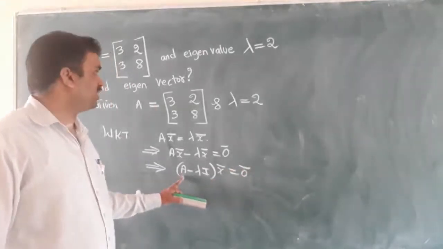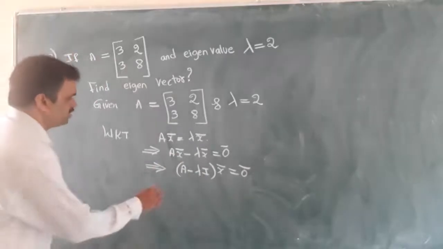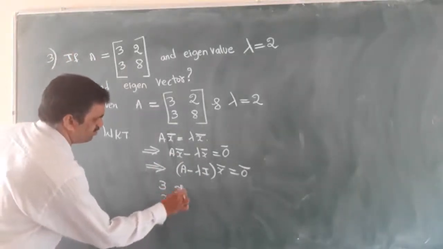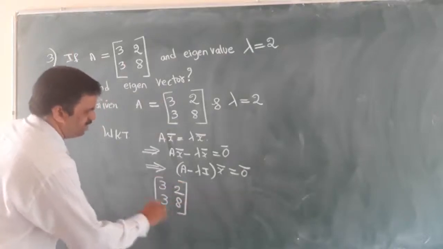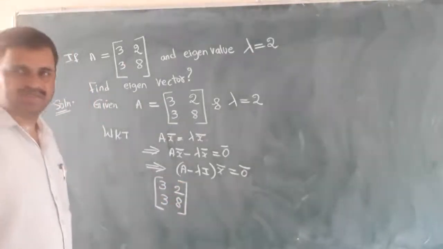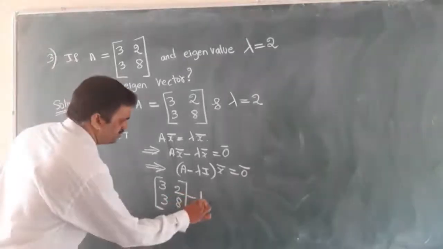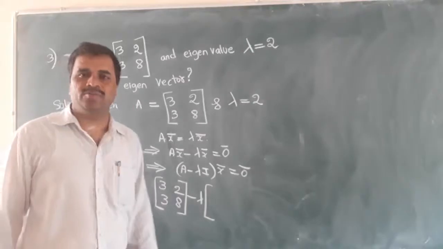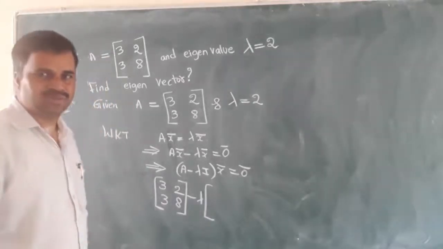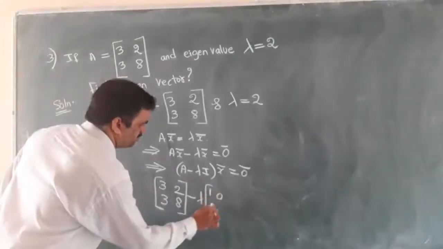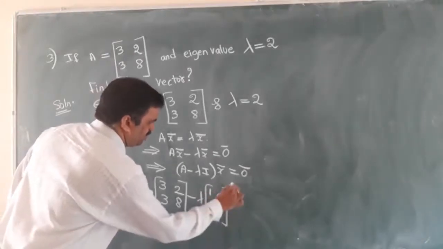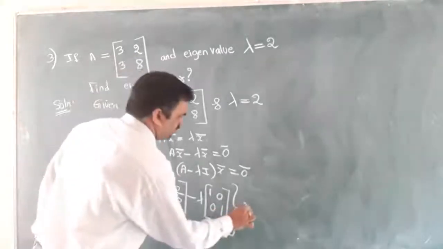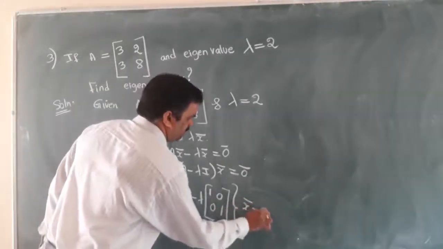A means matrix A: [3, 2; 3, 8], minus lambda times the identity matrix of 2 by 2, [1, 0; 0, 1], times x bar equal to 0 bar.